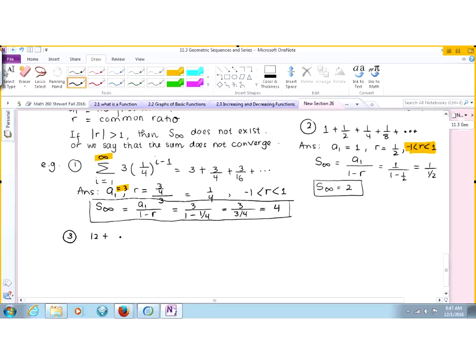What is 12 plus, actually I was going to do minus 24. Minus 24 plus 48 minus 96 plus and so on till the end. So those 3 ellipses, it means it goes on forever.